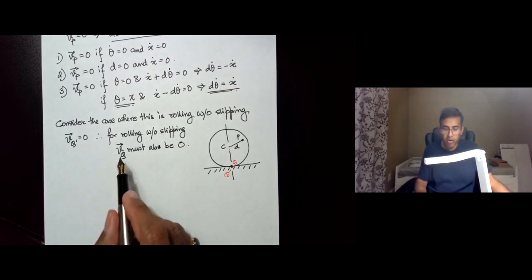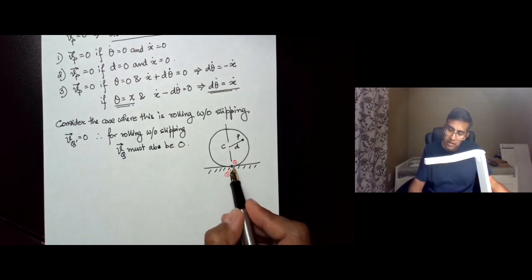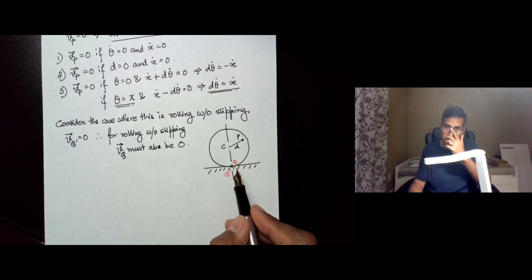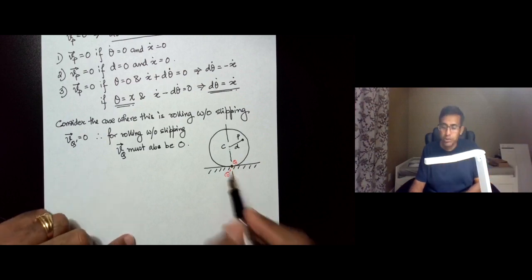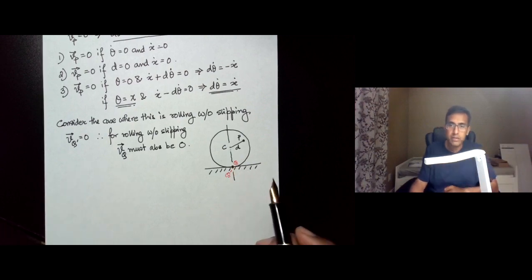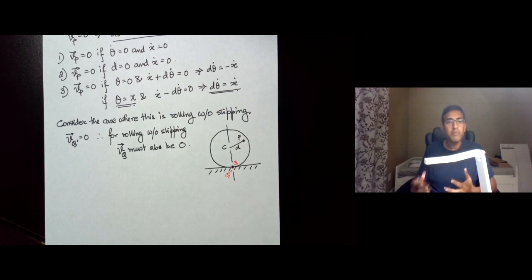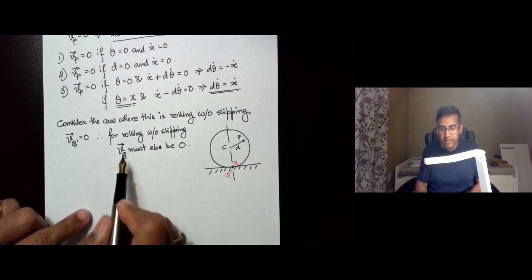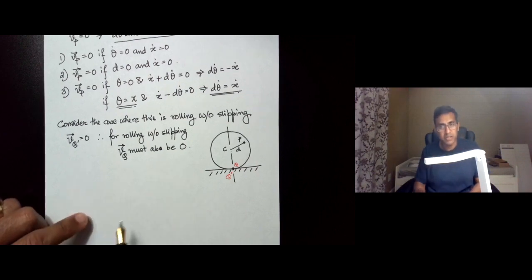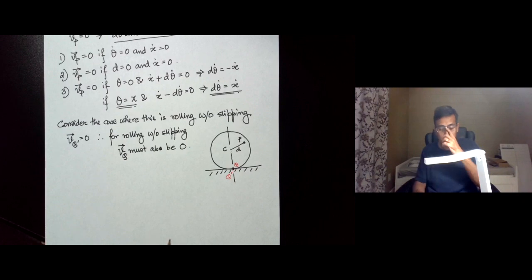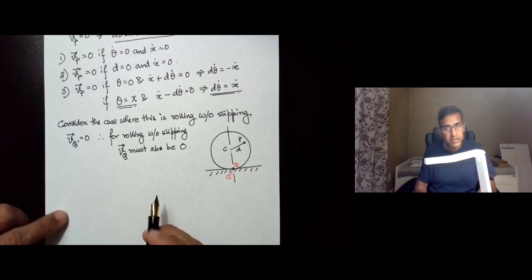Because if it is non-zero, then the point Q, which is a point on the disk, would have a relative motion with respect to Q prime. Right? So when we are imposing the fact that the disk is rolling without slipping, we are by definition saying that VQ must be 0 if the ground is not moving. So assume that the ground is not moving, then VQ must be 0.